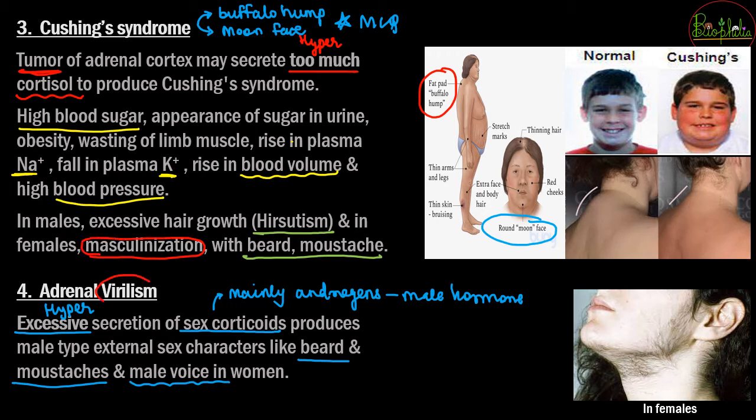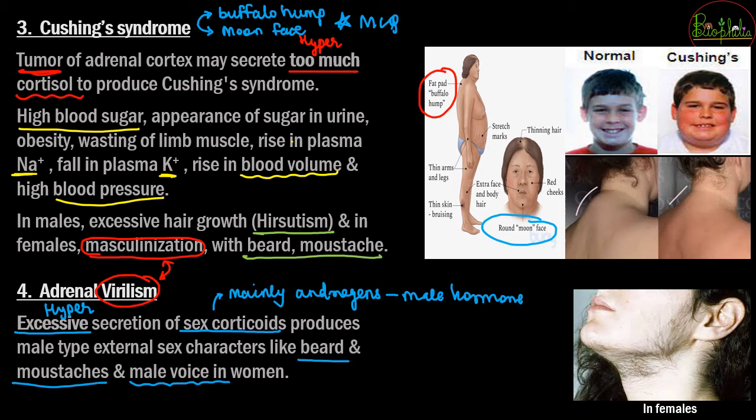So what is the difference between masculinization and virilism? Virilism is much more extensive, a much more advanced version, whereas hirsutism or masculinization is much smaller scaled, whereas adrenal virilism is a much more advanced condition, wherein the females are going to have many more characteristics of males.